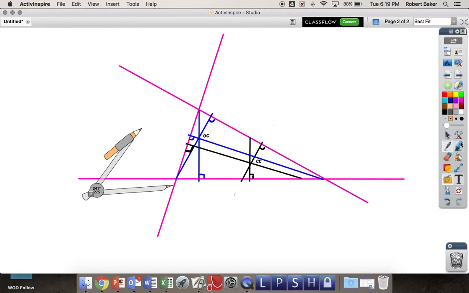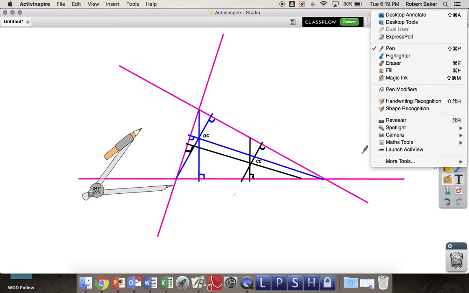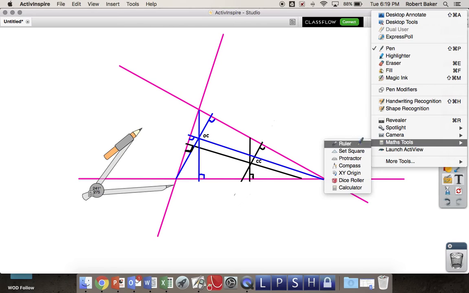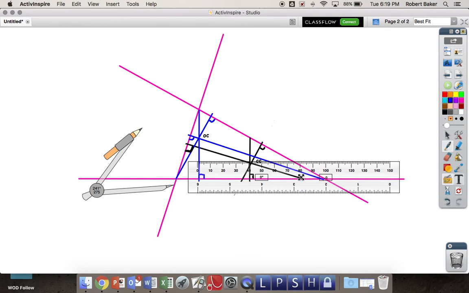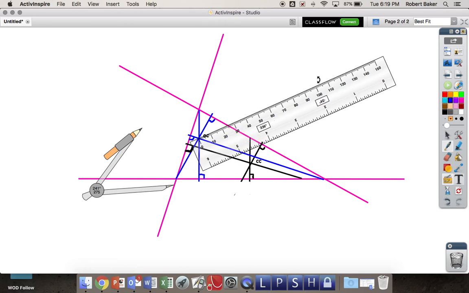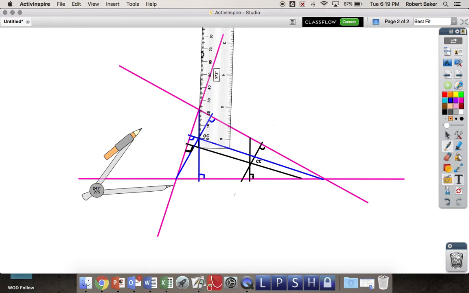So I'm going to attempt to measure this. I haven't done this in a while. Hopefully it works out for me. Let's see, math tools, a ruler. Okay, so for this ruler, I'm going to go from the vertex at 0 to the orthocenter, which is right at, I'm going to go with 22.